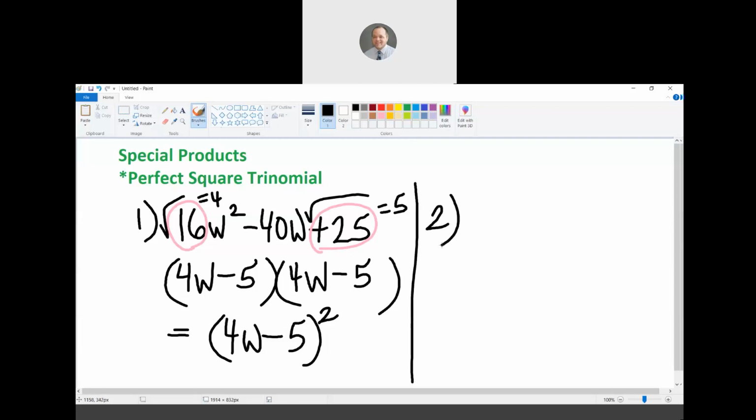Let's look at another question. We have 9x squared plus, I'll figure out the middle term in just a second, plus 49, and the middle term is plus 42x.